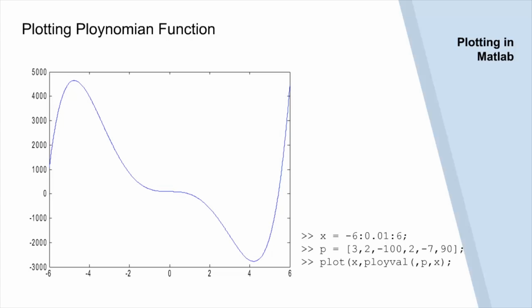We take a variable x, that is the range from -6 to +6 with a spacing of 0.01, and we define p that has the coefficients of this polynomial, that is 3, 2, -100, 2, -7 and 90. We plot this by passing x and the output of the polyval function, passing p and x. So we get a plot that looks something like this.